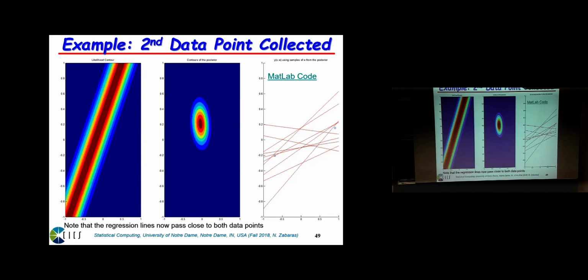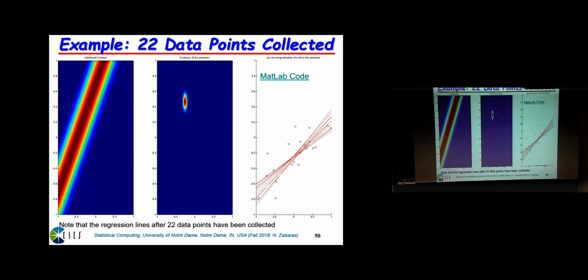The posterior starts becoming more narrow. Now most of these lines are forced to pass through these two data points. If you put in more, the posterior on W becomes smaller and smaller. And you remember, at the end of the day, when you have a lot of data, this will converge to a delta function, to a point, and that point would be really your MLE estimate. Okay? So you can see these are samples of your regression function where the W's come from the posterior.